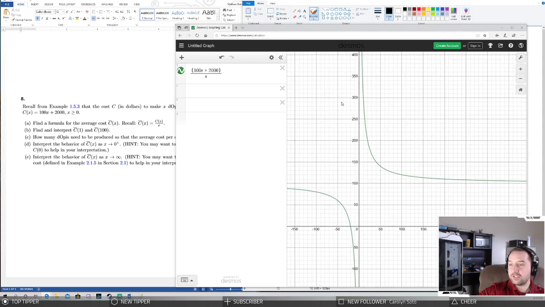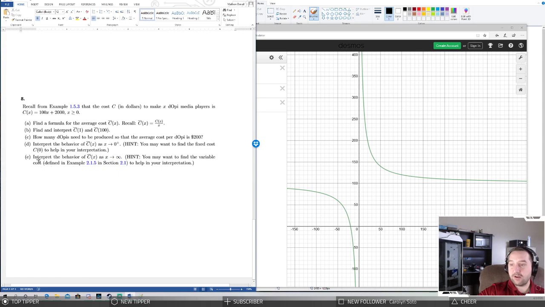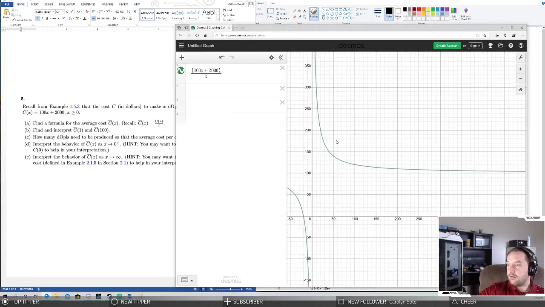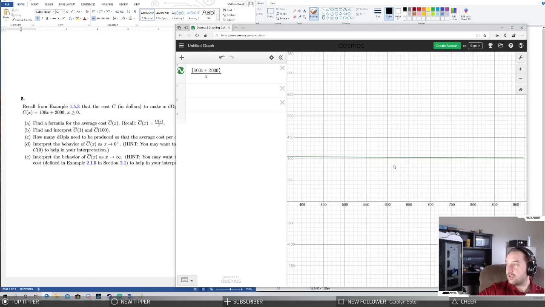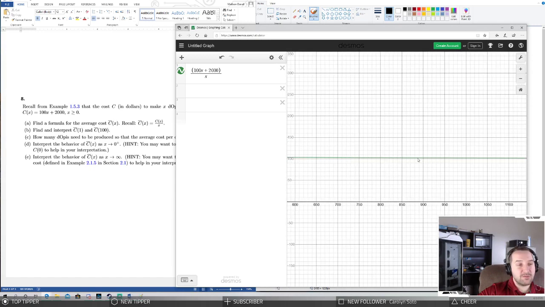Or you could simply say we don't know, and I guess that's going to go towards E right here, where it says interpret the behavior of this function as it approaches infinity. That is just saying, as this value goes towards infinity, eventually there's going to be some level of cost that it's never going to decrease past.